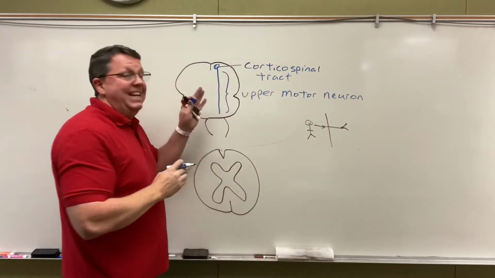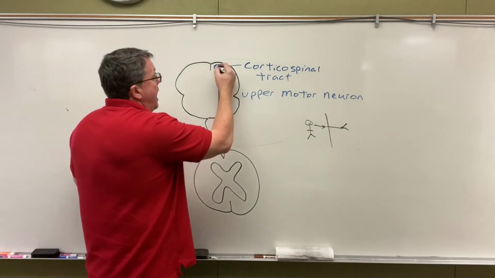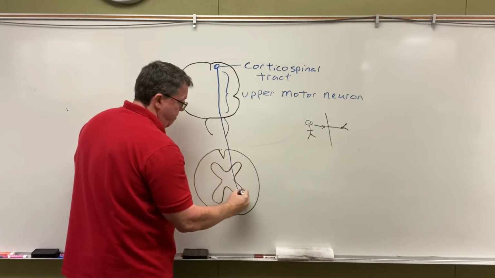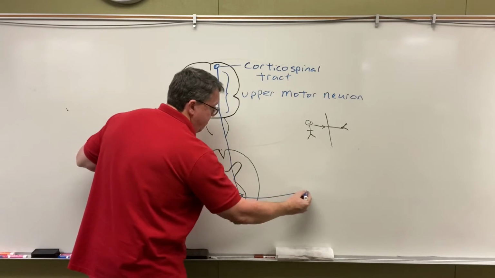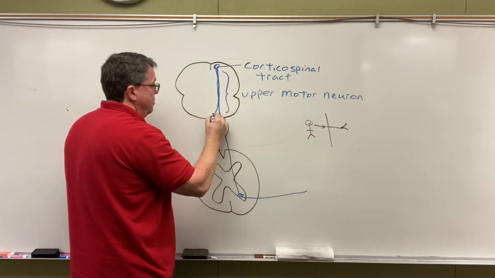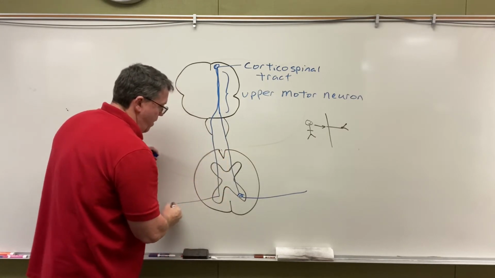Okay, because it's in the brain. This is going to be significant in a little bit. As it comes down, it can either come straight down to the spinal cord and then go out to the body, or it can come down, cross over to the other side, and then it's going to come out and go out to the body.